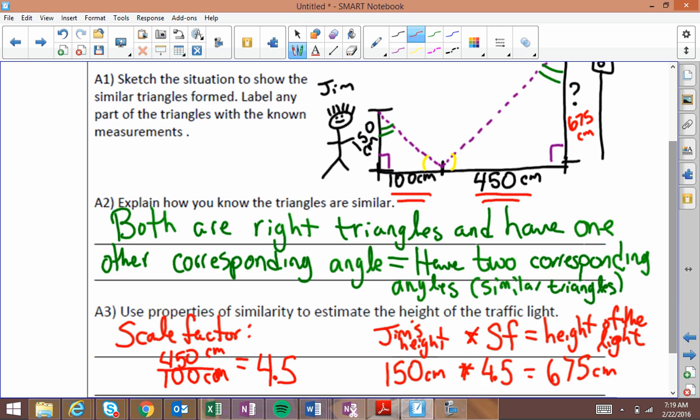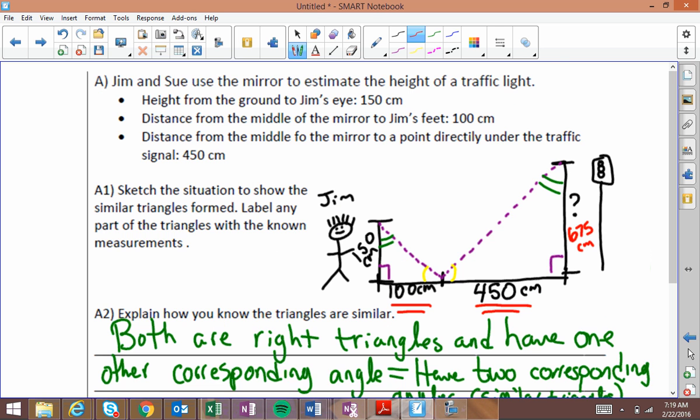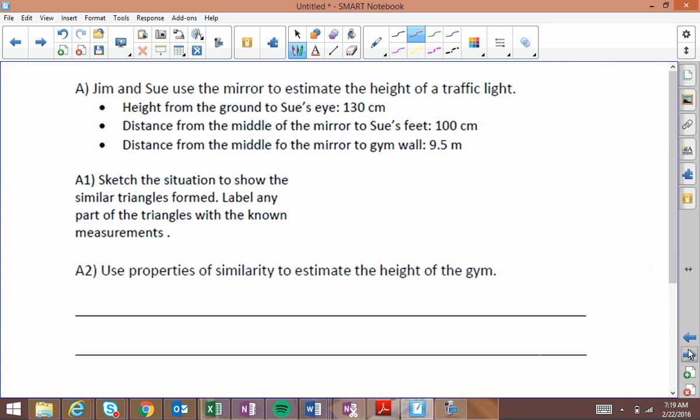You can also get another example. Students who use the mirror method to find the height, and actually it's not a traffic light, there's a typo. It's a gym wall, a basketball court. So we know the height from the ground to Sue's eyes is 130 centimeters, and the distance from the middle of the mirror to Sue's feet is 100 centimeters, and the distance from the middle of the mirror to the gym wall is 9.5 meters.